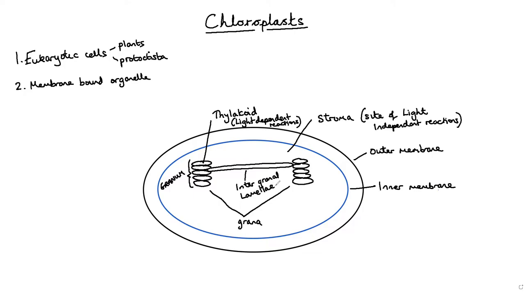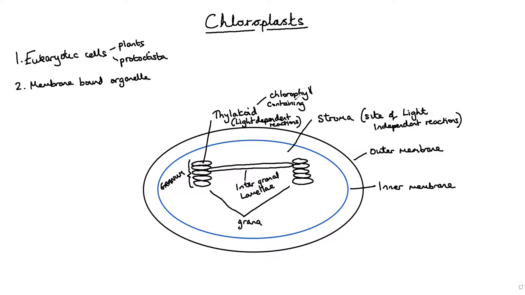Now I might just add that in this thylakoid membrane is the molecule chlorophyll. So thylakoids are chlorophyll containing, and chlorophyll is a pigment that captures sunlight energy and gives plants and leaves their green colour.